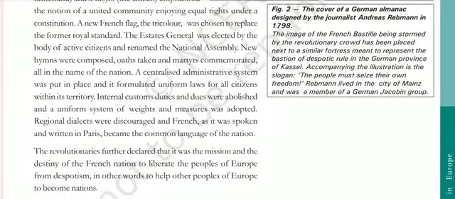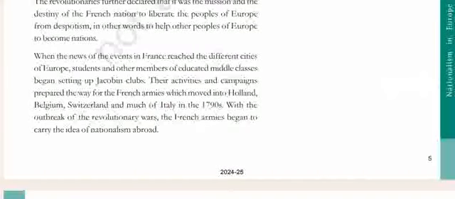The revolutionaries further declared that it was the mission and the destiny of the French nation to liberate the peoples of Europe from despotism, in other words, to help other peoples of Europe to become nations. When the news of the events in France reached the different cities of Europe, students and other members of the educated middle class began setting up Jacobin clubs.